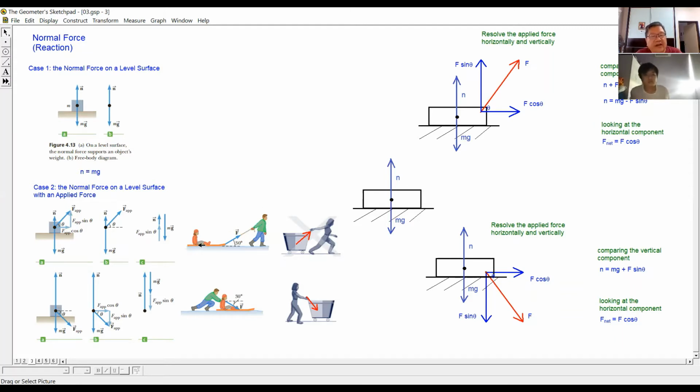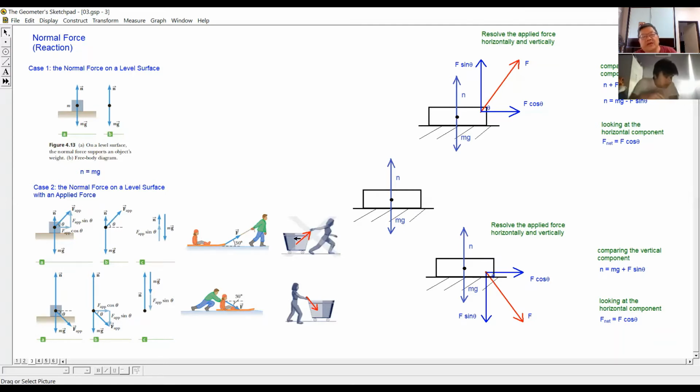The example is like this: this little boy is sitting on this sledge, and his father is pulling him along. The force exerted by the father is not parallel to the surface, but at an angle with the surface. So how much is the reaction of the surface on this boy?